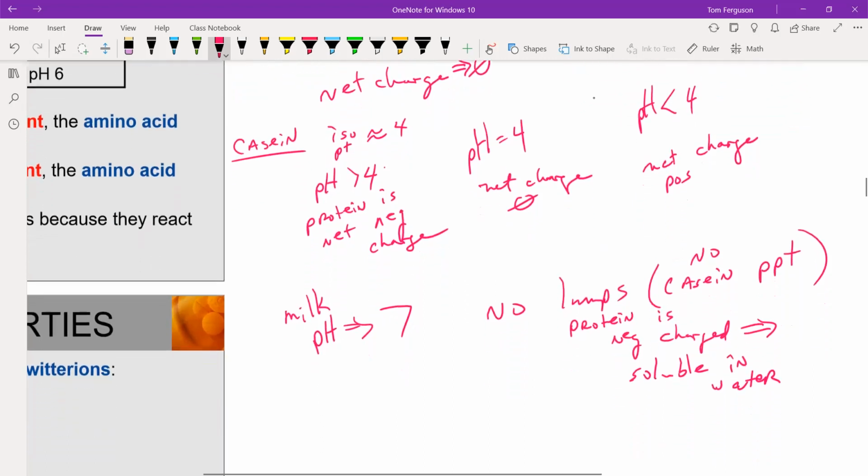Now, if we leave it out for a couple weeks, that glass of milk, it starts to clump up. Why do you think that is? Has anyone made cottage cheese?